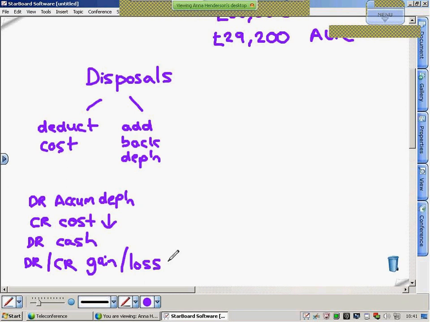With the disposal, first thing we want to do is deduct the cost. So the asset, we are told in the question, was 104,000.